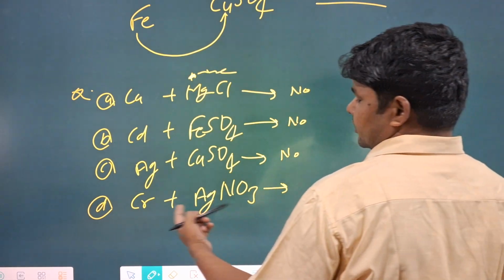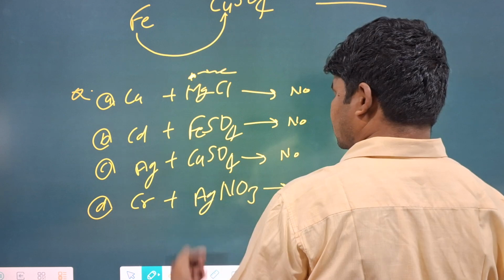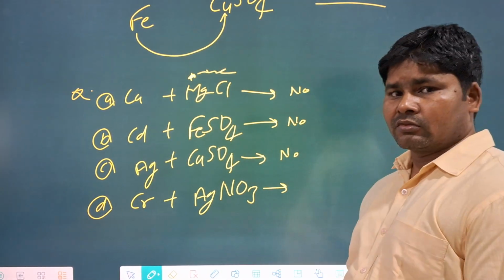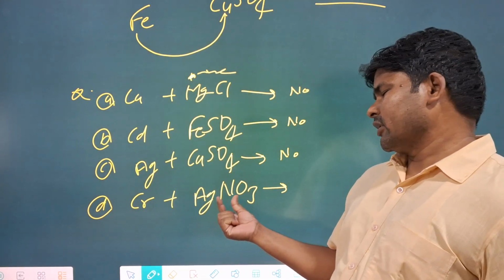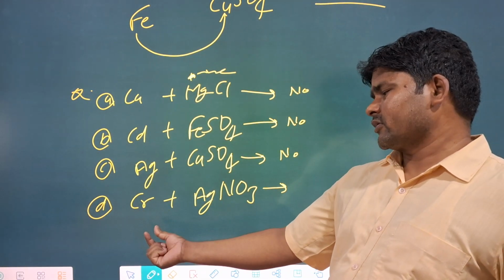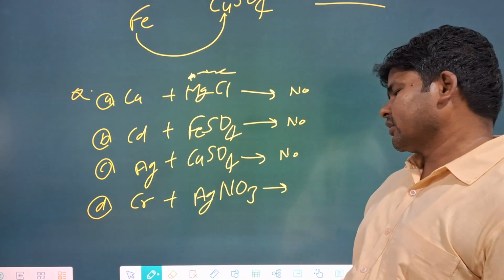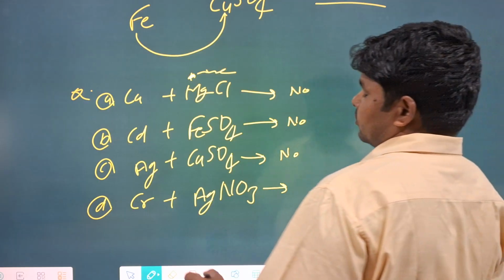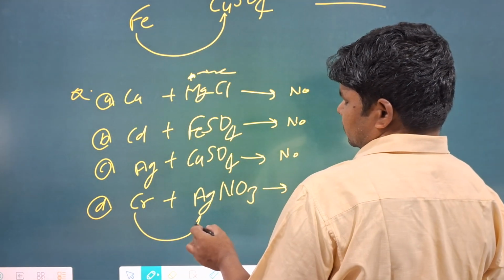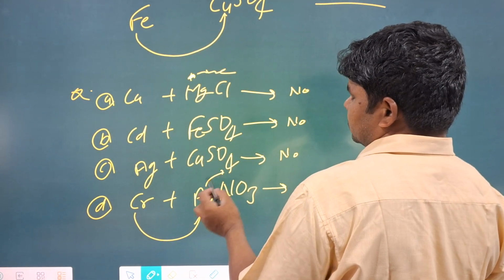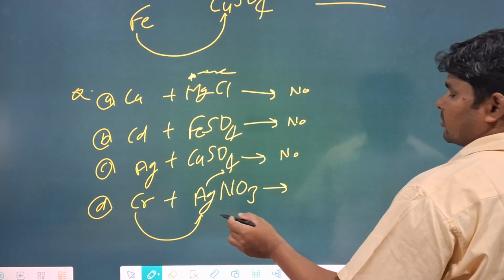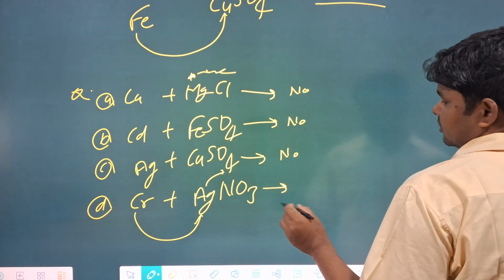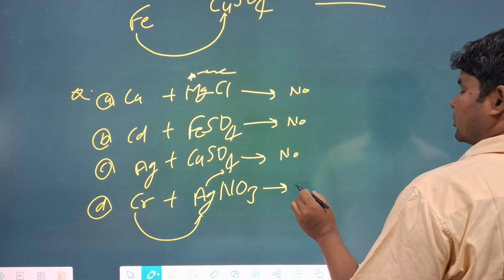In reaction D, if we compare the reduction potential of silver and chromium, we know that the reduction potential of chromium is lower than the reduction potential of silver. Hence, chromium is more reactive than silver. Therefore, chromium is able to displace silver from silver nitrate solution. The reaction can be written.